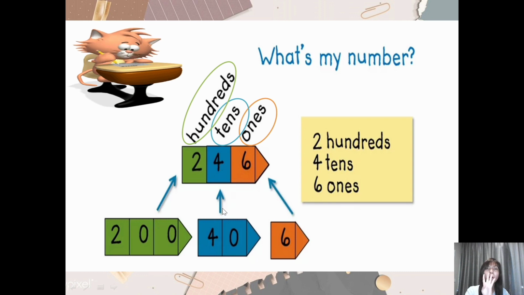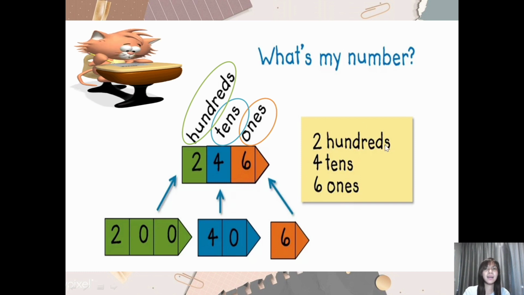So 4 tens is 40. Okay? Next, the color green, which is 2. The place value is hundreds, which means it is by 100. So 2 hundreds. So we have here now the number 200. Okay? So this is the expanding form, and here is the place value.